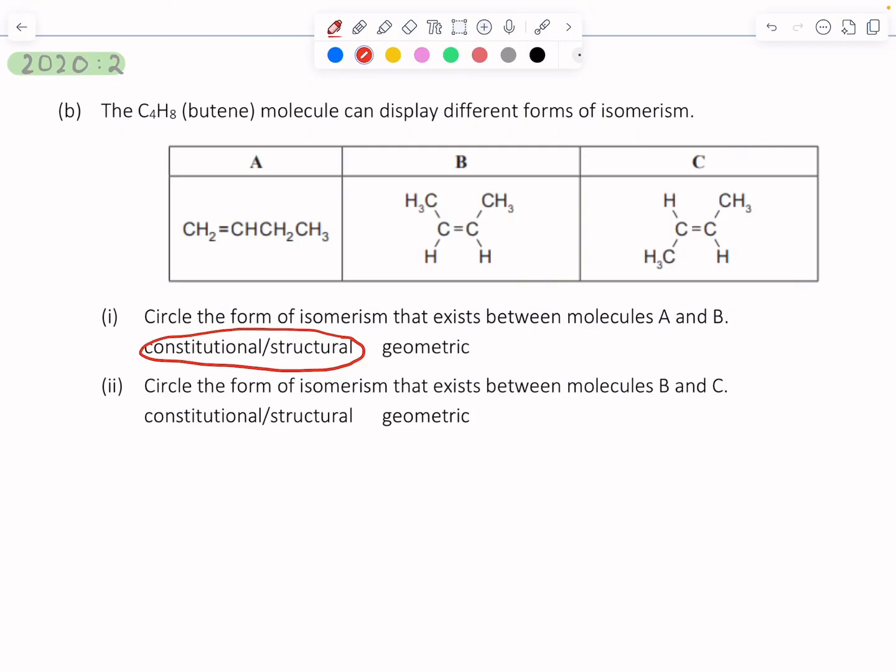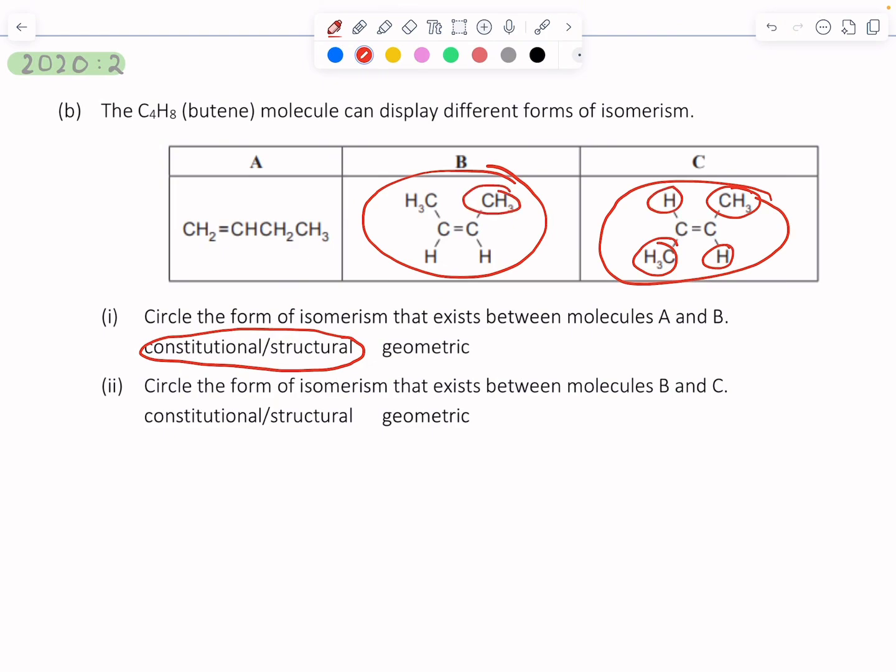So as I said before, we have geometric isomers, and geometric isomers are basically either cis or trans isomers. That's the example that we're dealing with in level 2. As you can see here, we have a cis isomer here and a trans isomer here because of these groups being on opposite sides of that double bond and these groups being on the same side of the double bond.